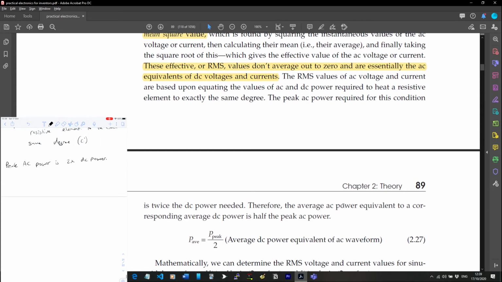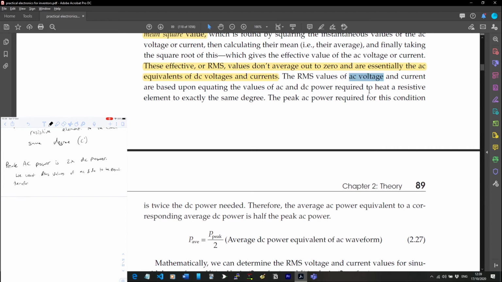How do we write this down into any sort of understandable notes now? I don't even know if I can just recall what I just said. Okay, so peak AC power is 2 times DC power, right? So we want average power, or is it RMS AC? RMS values. Okay, we want RMS values of AC and DC to be equal.